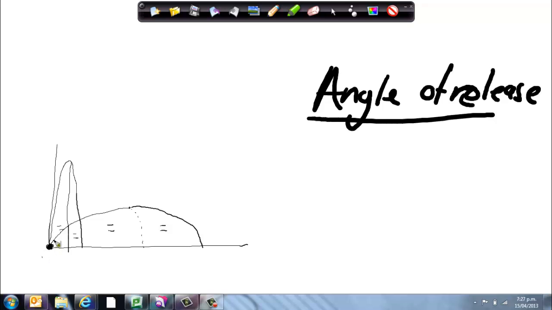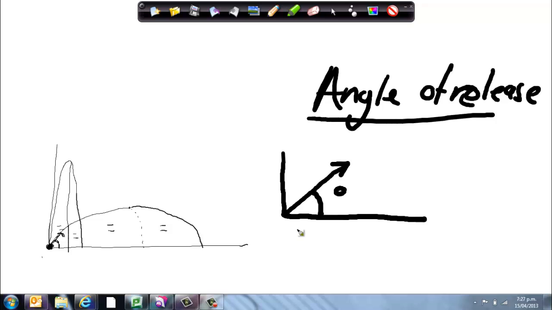So the angle of release is the angle between the ground and the original trajectory of the ball. If we expand that a little bit more, we have the ball going in this direction to start off with. The angle of release is that angle there.